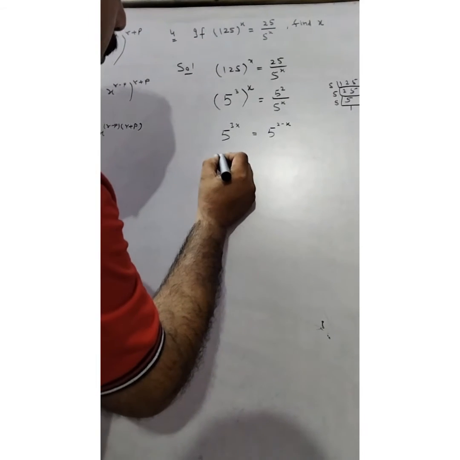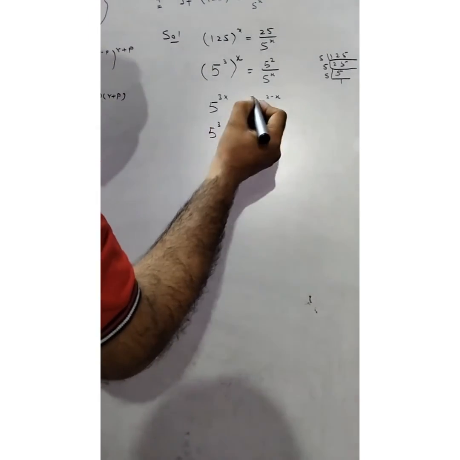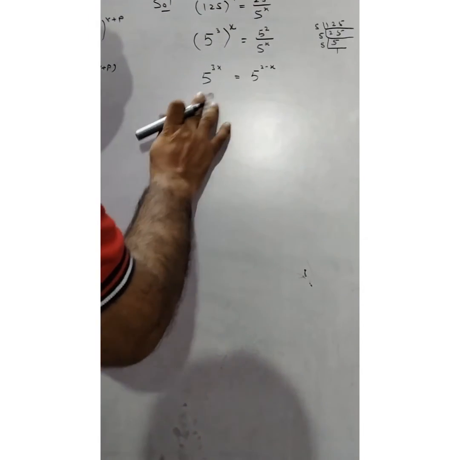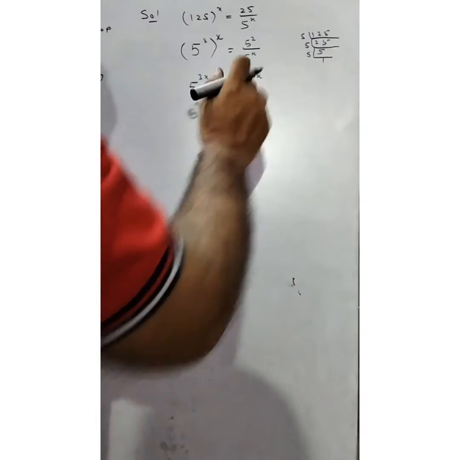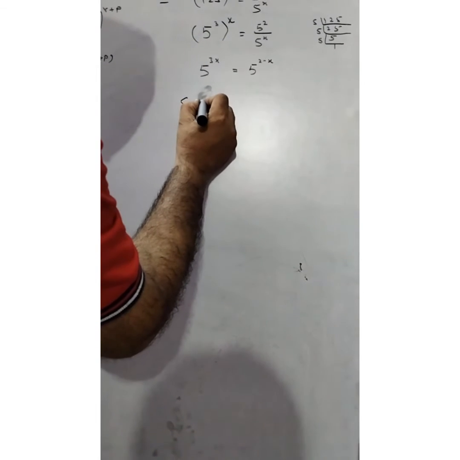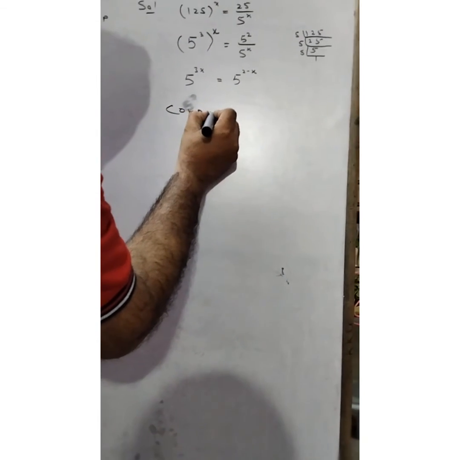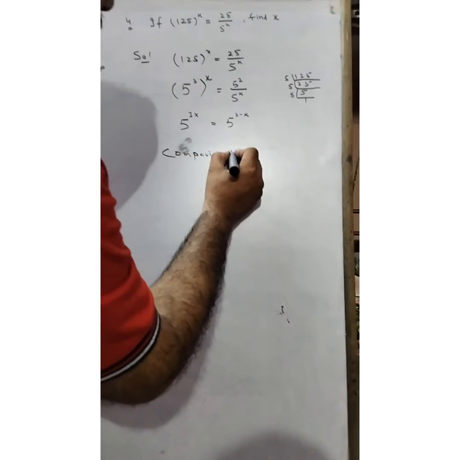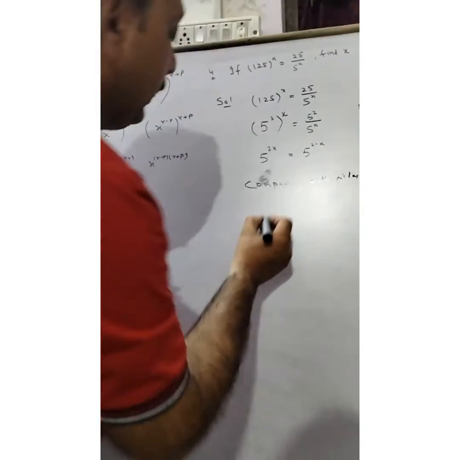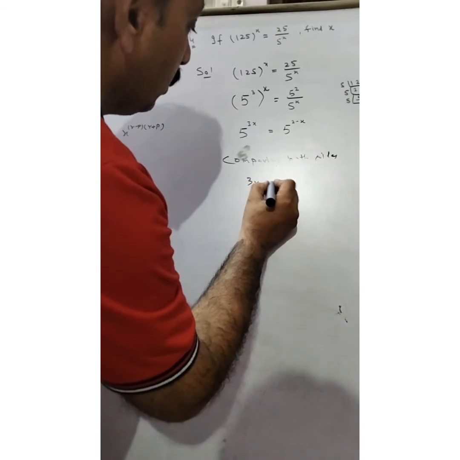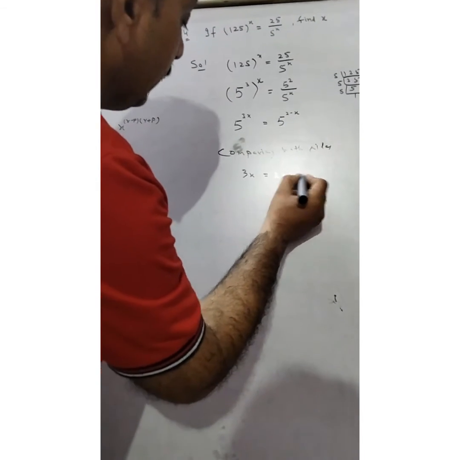Okay. Now 5 raised to the power 3x is equal to 5 raised to the power 2 minus x. Comparing both sides, 3x is equal to 2 minus x.